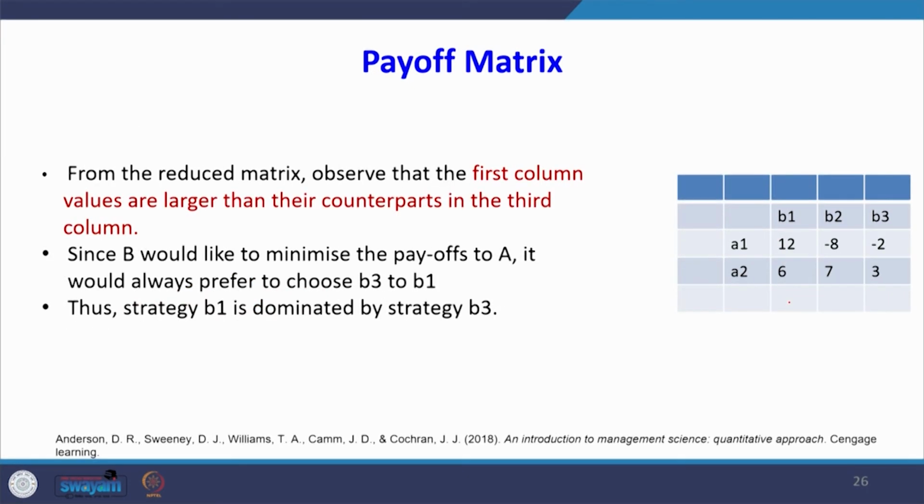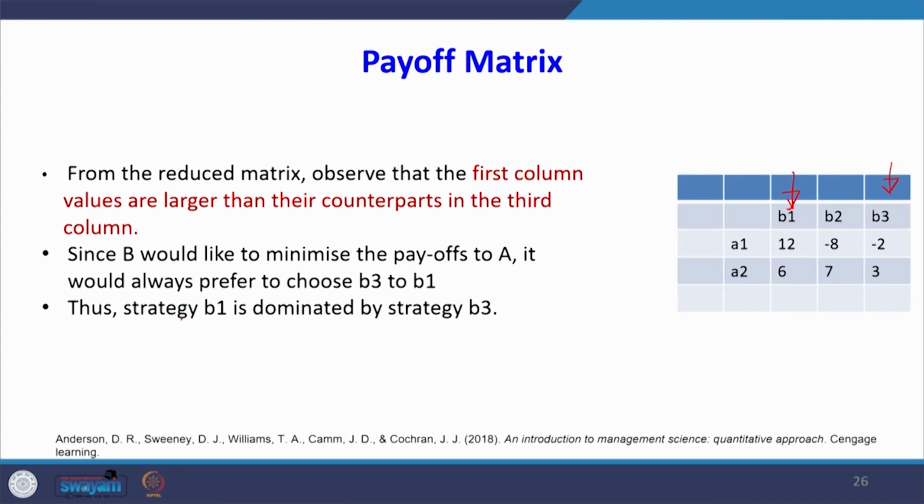Now, I removed that. From the reduced matrix, observe that the first column values are larger than their counterparts in the third column. Since B would like to minimize the payoff to A, it would always prefer to choose B3 to B1.